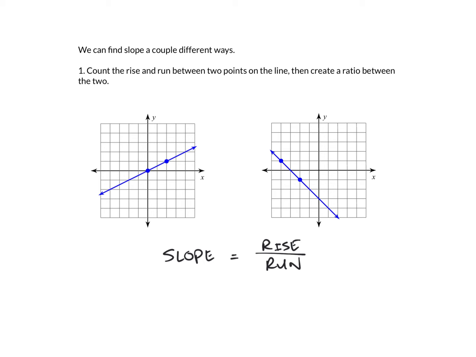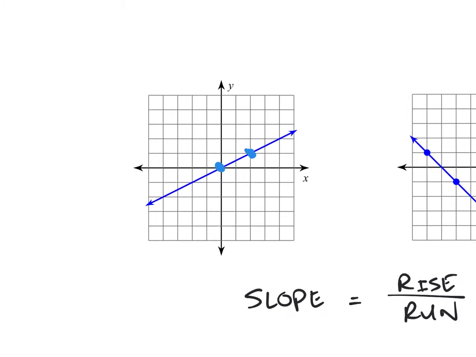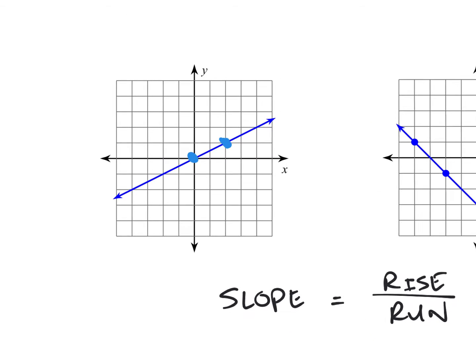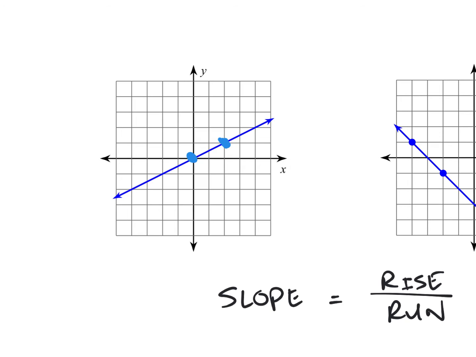If we look at a line, let's take this first example, for instance, and we pick 2 points. So we have this point and this point. We can calculate the slope by looking at those 2 points and counting how to get there using our coordinates. So if we start at the first point, to get to the second point, we would need to rise 1.